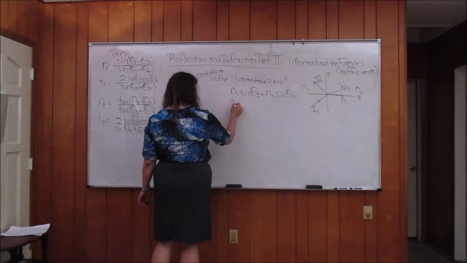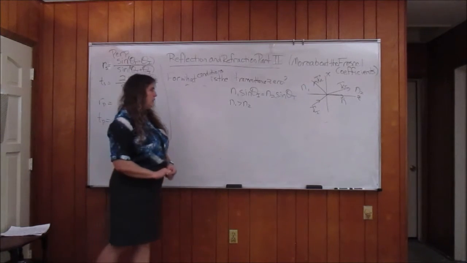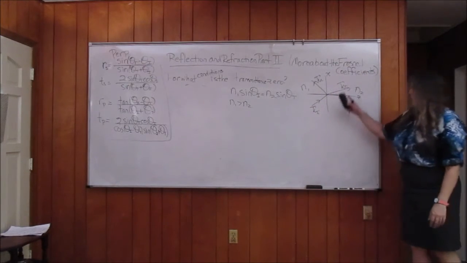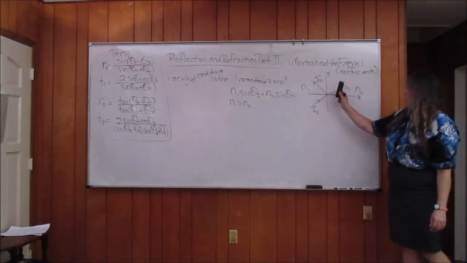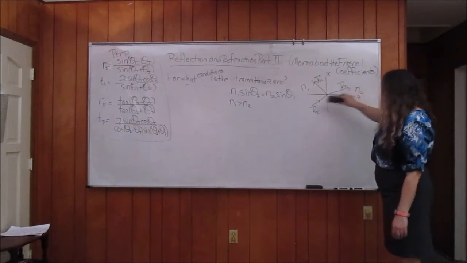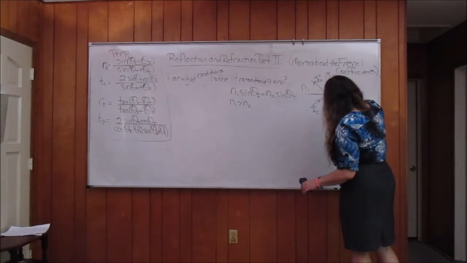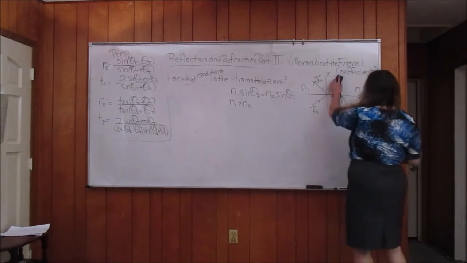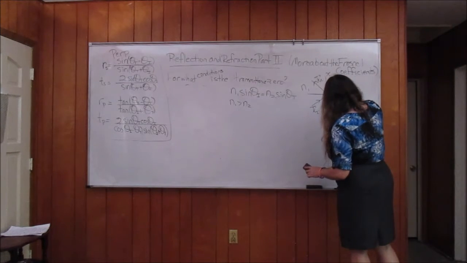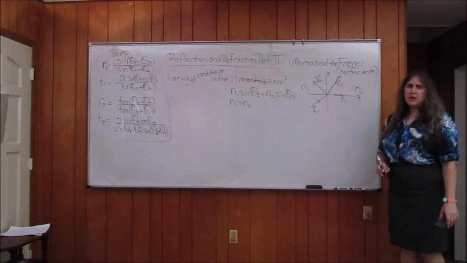This is going to happen at some point if the index of refraction of medium N1 is greater than the index of refraction of medium N2. Now the way I've sketched this out on the right-hand side of the board, N2 is larger than N1. Why? Because I've drawn the transmitted wave vector as if it's bent towards the normal. Now we're assuming that N1 is greater, so the transmitted wave vector will be bent away from the normal.